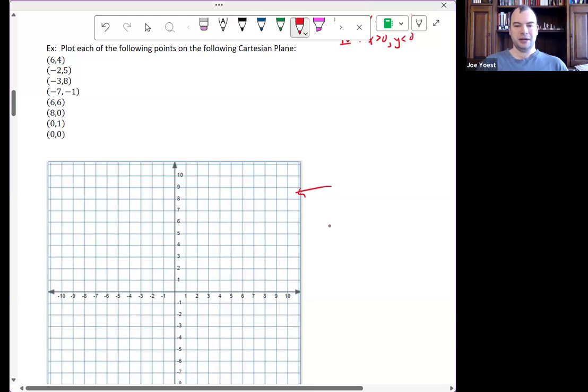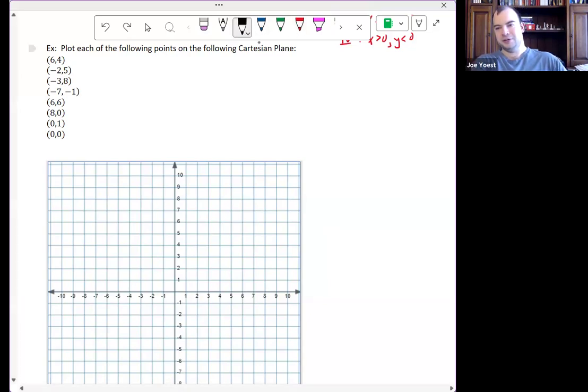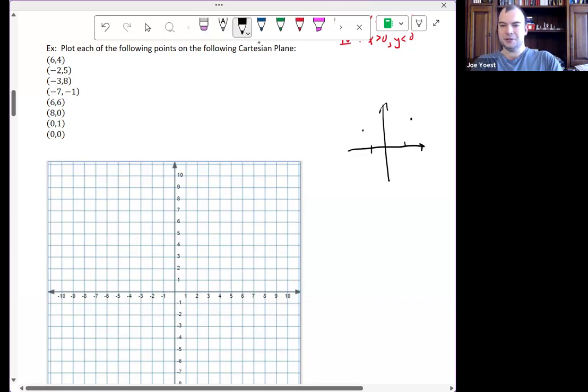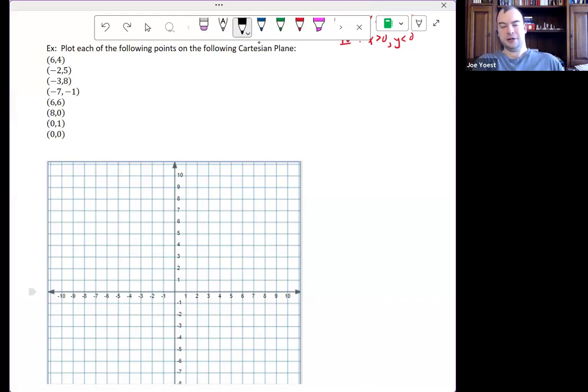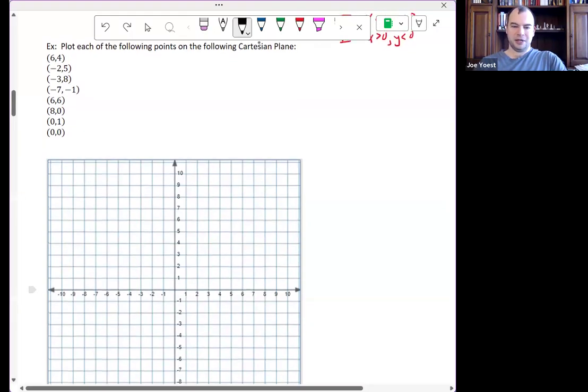If you want to buy one of those, you can, but you don't really have to. You can get away with just drawing yourself a couple of axes and doing what you need to do on those axes. So you don't need to draw out this entire grid every time you do a graphing problem. The grid can sometimes be nice to have, and I'm using it here so that it makes it a little easier for you to see on your screen where everything is tracking, but it's not really necessary.